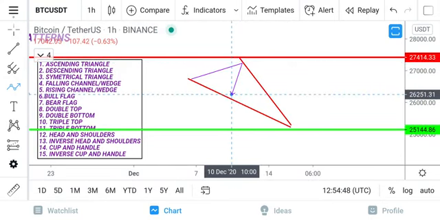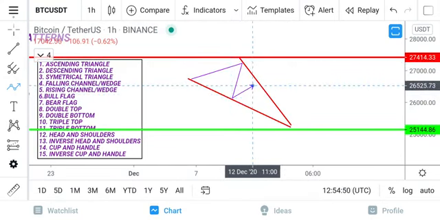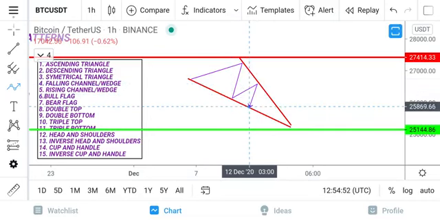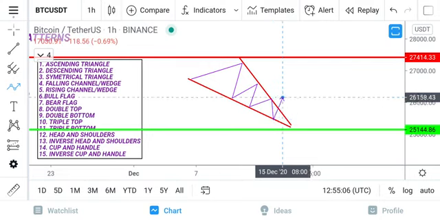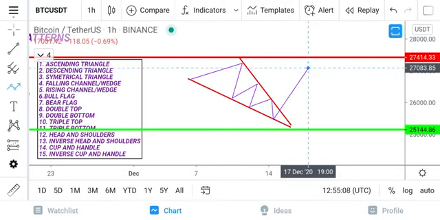It is a bullish reversal chart pattern, and just like the falling channel, they mean the same thing. The channel and the wedge mean the same thing, just that one is rectangular and one is a triangle, and it breaks up to the upside. So that's a falling wedge.